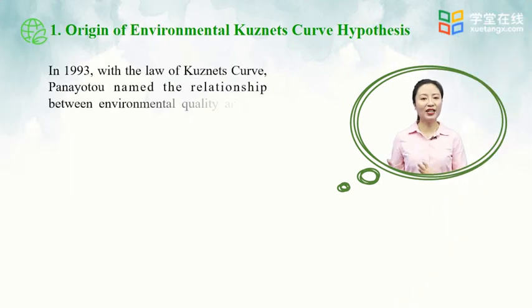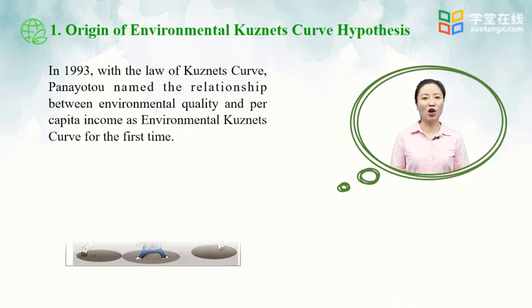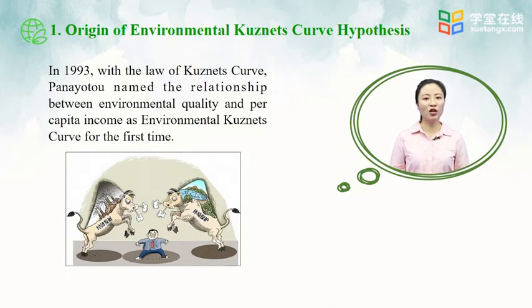Until 1993, with the model of the Kuznets curve, scholar Panayotou named the relationship between the environmental quality and per capita income the environmental Kuznets curve, or EKC for short, for the first time. E in the EKC stands for the environment.